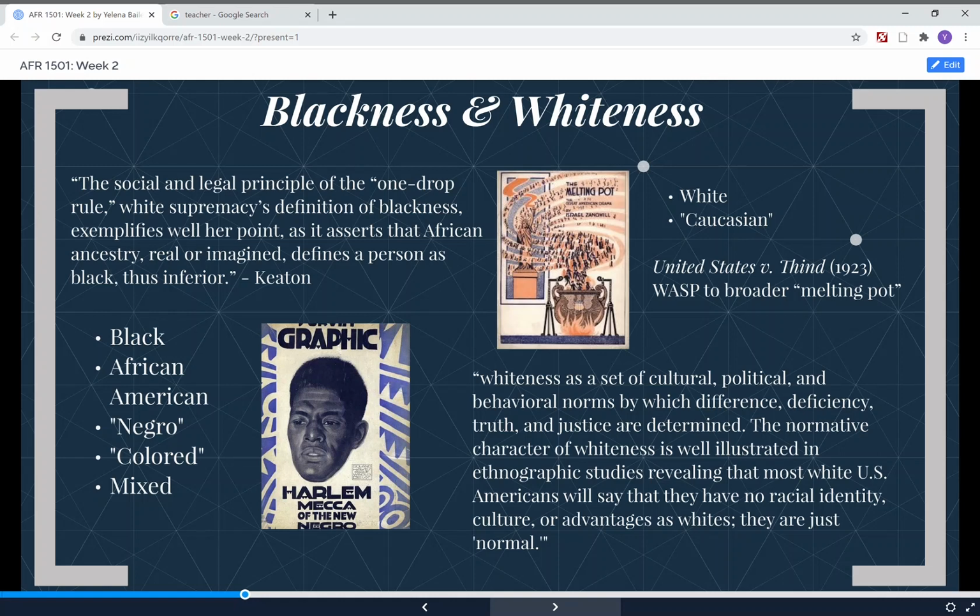Within that, I tend to, and other scholars tend to say, African American really operates more like an ethnic group, right? If you think about it in the US, we're going to see in this class, there is a whole set of African American literature, of music, of food, of cultural practices, just like any other ethnic group. It's born out of unique circumstances, right? But there is a culture and identity to being African American.